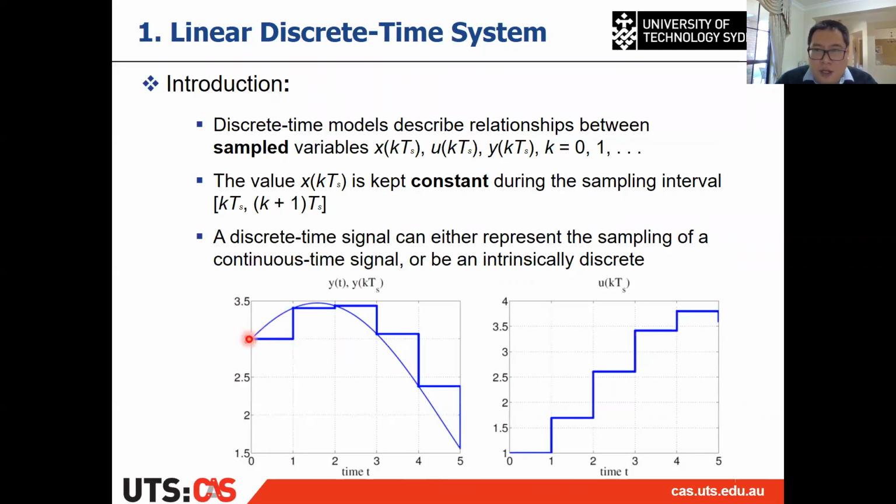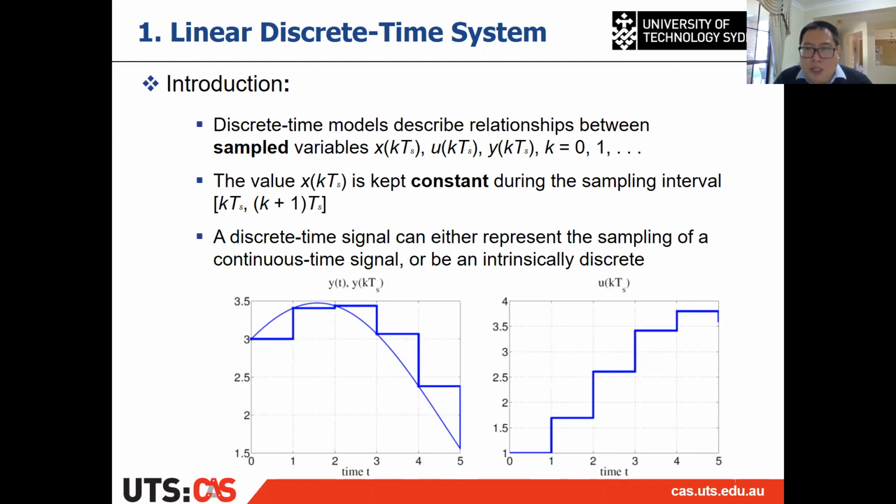But in the discrete time system, within the interval, the value of the state keeps constant. It keeps constant here, it keeps constant there, it keeps constant here. So that is another property of the discrete time system.